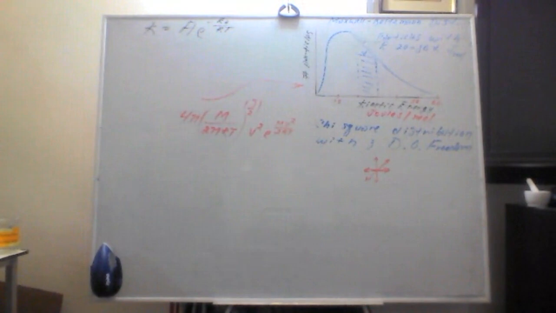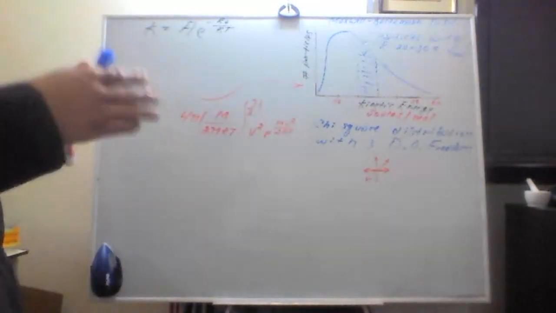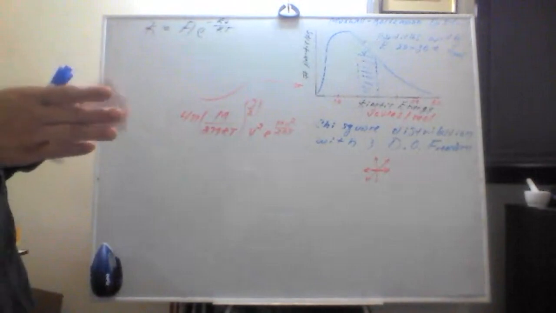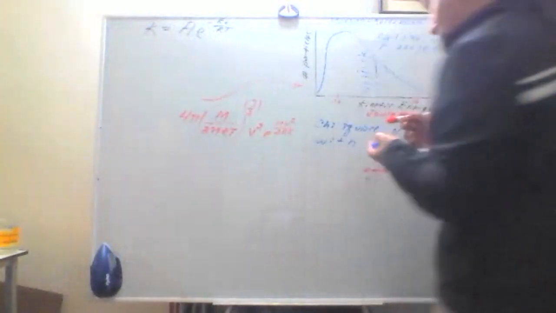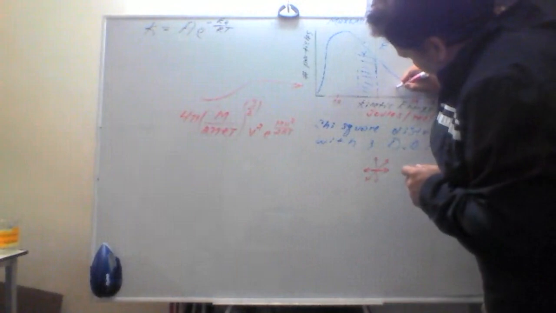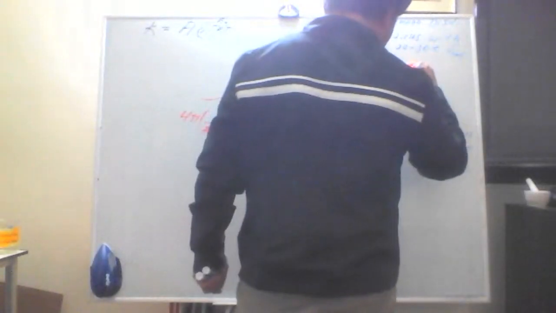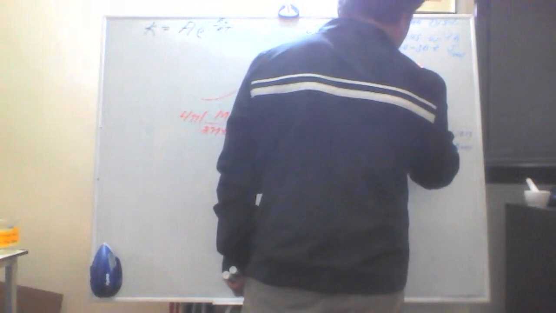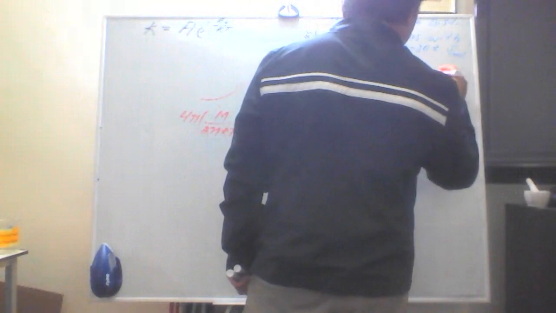So the entire region of the graph is equal to 100% of the particles. And if you take some section of the graph, you're taking a fraction of those particles. So let me just label another one. Let's suppose we label this right here. We label this number, and we call this an energy of activation. At the moment, we don't know exactly what that is. You don't have to know exactly what that is at the moment. We're going to call it an energy of activation.